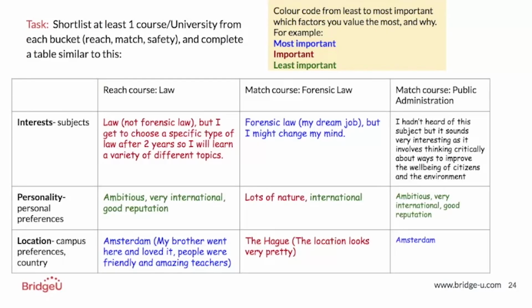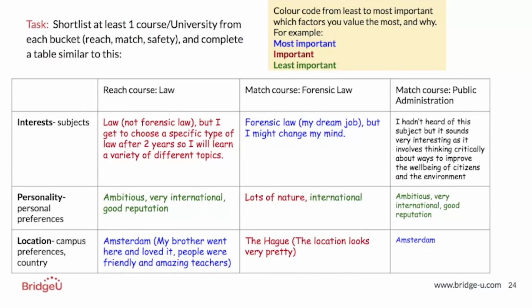You can use the table that's attached to this article, or you can create your own. On the top of the table, you will write the name of the course and what bucket it's in. And on the left-hand side, you will write down these factors: interests, personality, and location. Just for the sake of this exercise, I recommend 3 reach, 3 match, and 3 safety, but it's always worth, as mentioned, checking with your counsellor.